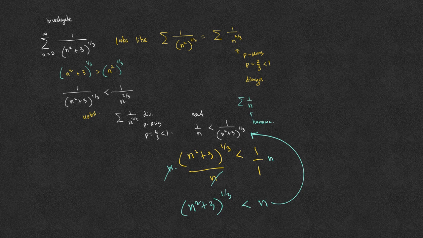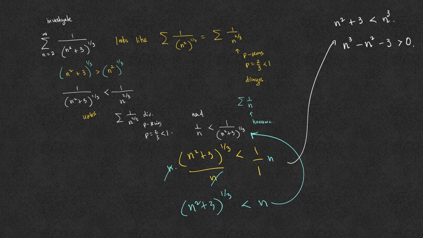This means to show that 1 over n is less than 1 over the cube root of n squared plus 3, it suffices to show that the cube root of n squared plus 3 is less than n. But this is also equivalent to showing n squared plus 3 less than n cubed. But this is also equivalent to n cubed minus n squared minus 3 greater than 0.